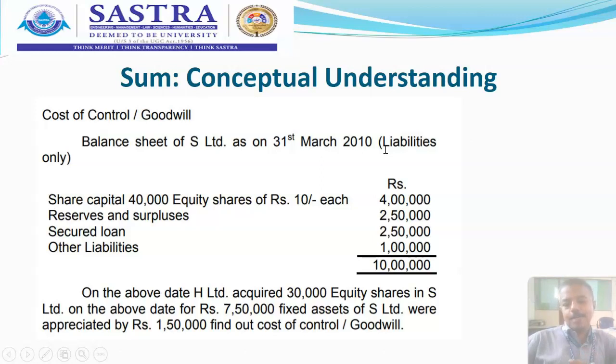There we come across what is capital profit and what is revenue profit. The profit that is there on the date of acquisition of your business, or on the date of conversion into incorporation, is called capital profit.